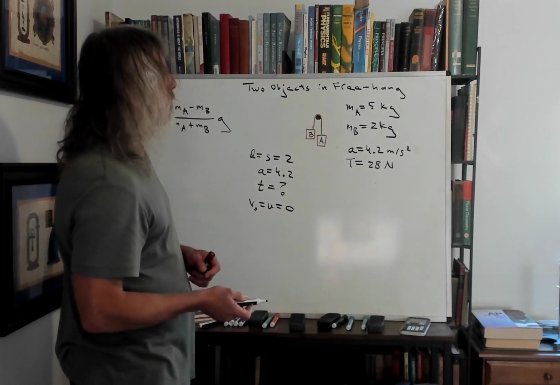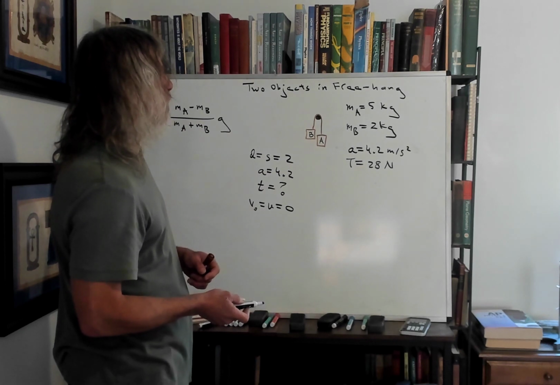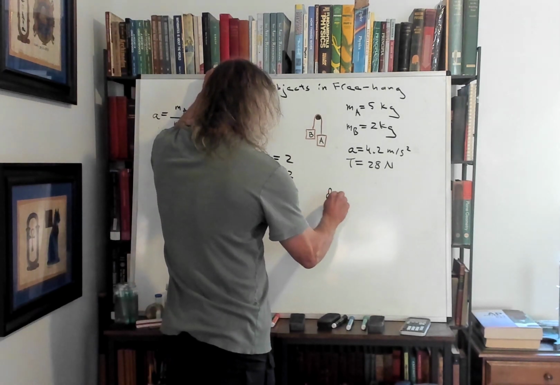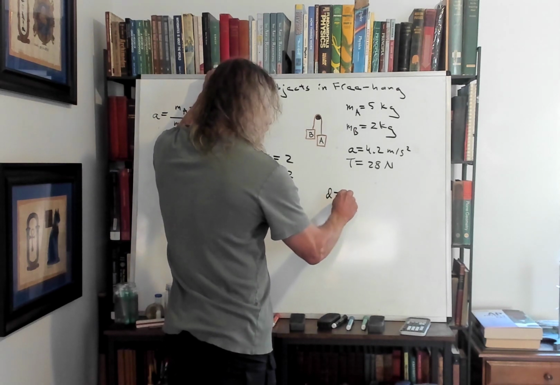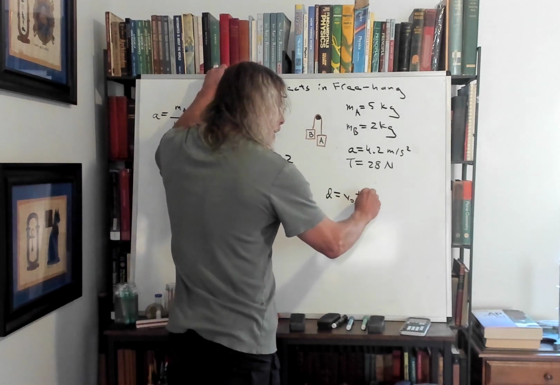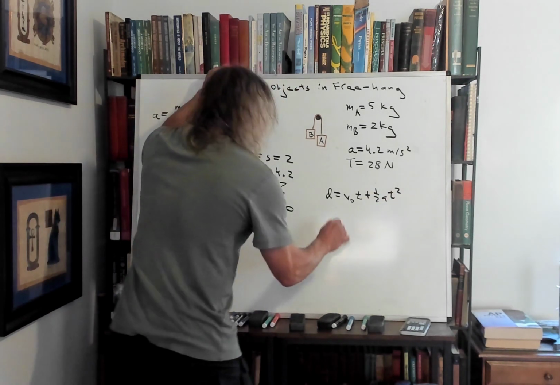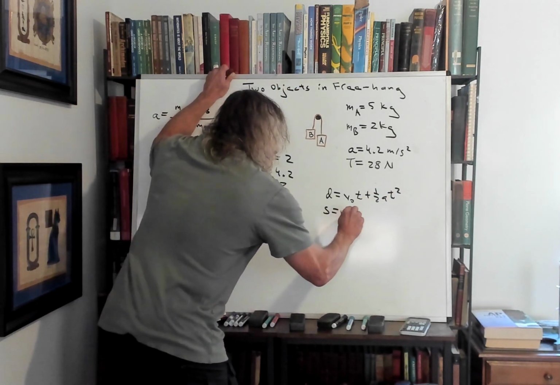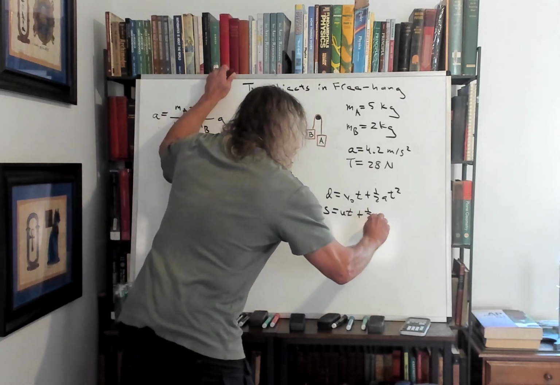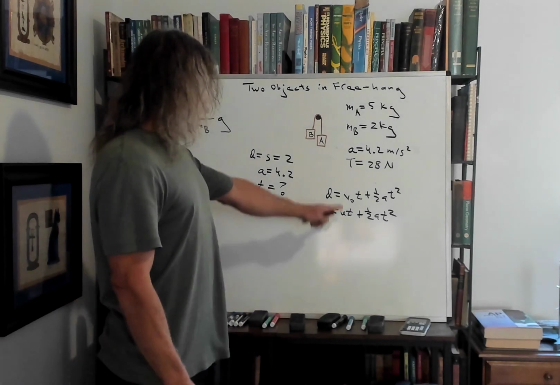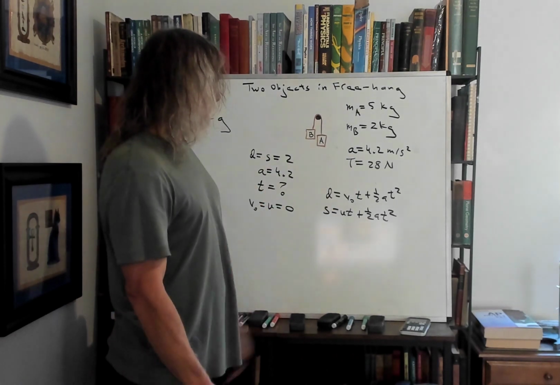Let me see, we could do D is that. So we could do D is initial velocity times time plus 1/2 AT squared, or in IB speak, S is U T plus 1/2 AT squared. And of course, initial velocity is 0, so that's gone.